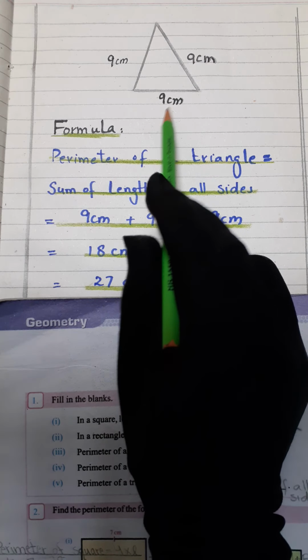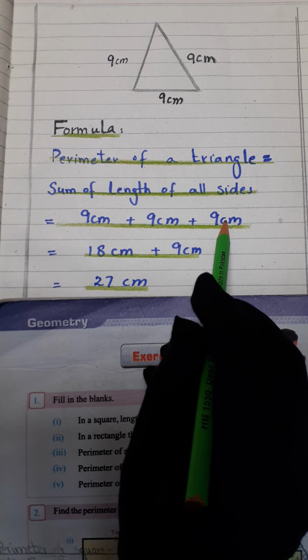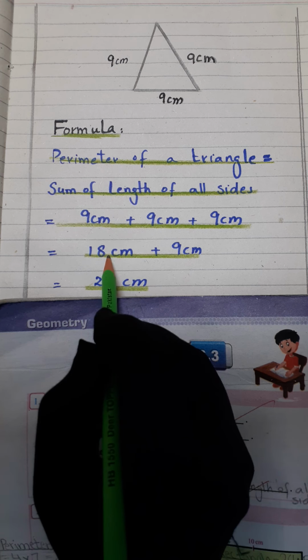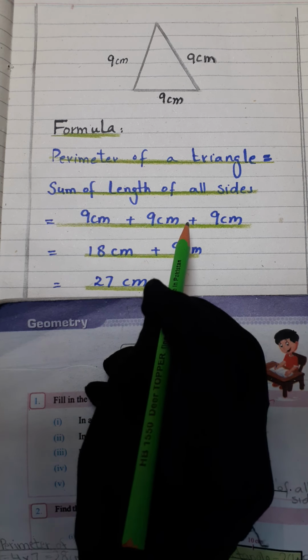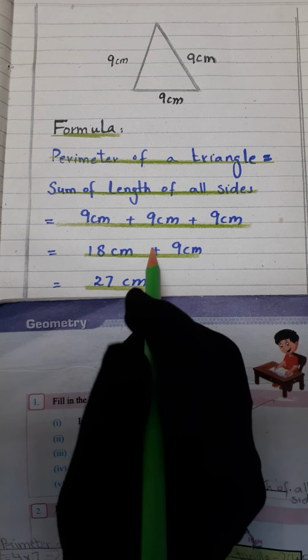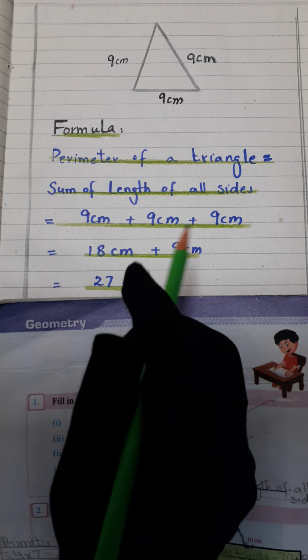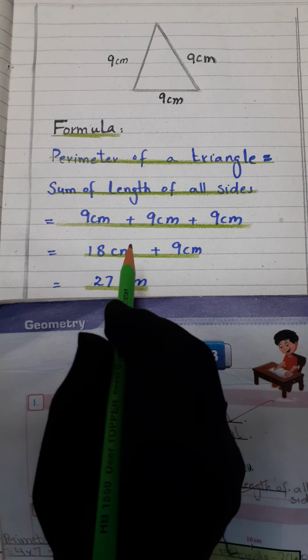So you add these lengths, 9 plus 9 plus 9. Then first you add these two. If you solve this question in one step, it is correct, but you follow the steps. Okay, it's good for you. In onward classes, you solve questions step-wise, so you follow the steps.